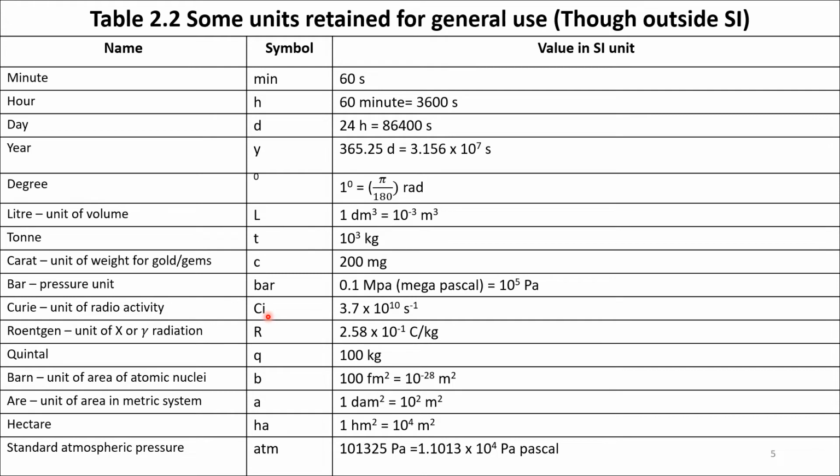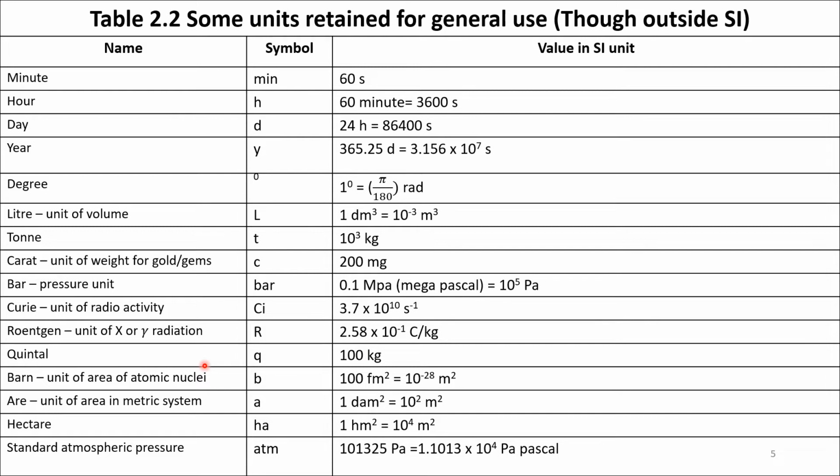It is equivalent to the number of atoms decaying per second. Its value is 3.7 × 10^10 per second. Roentgen, capital R, is 2.58 × 10^-4 C per kg.